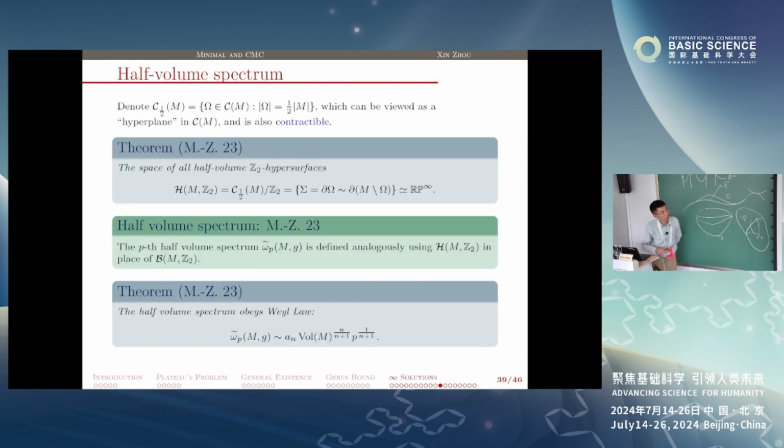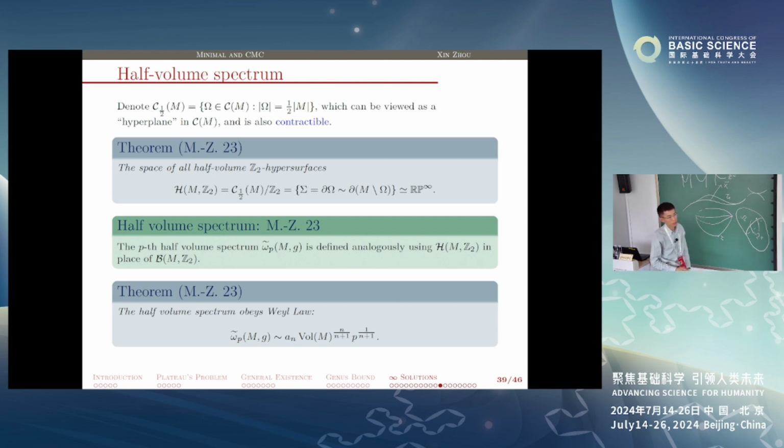Again, I go back to the Cacciopoli sets of finite perimeter, as I mentioned before. This time, I only consider all the sets which include half of the volume. I call this the C1 half. This can be viewed as a hyperplane in the total space, the total space of all subsets, and now I restrict to all subsets with half of the volume. This is a hyperplane.